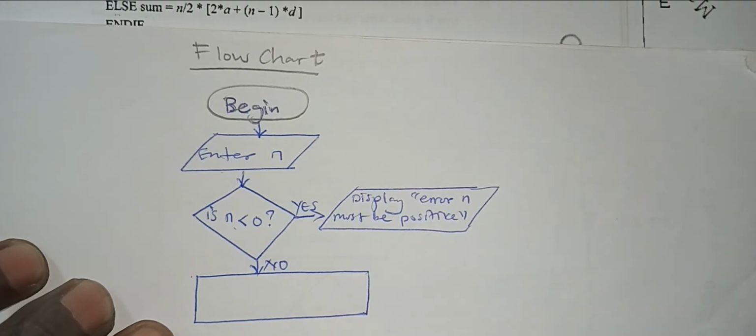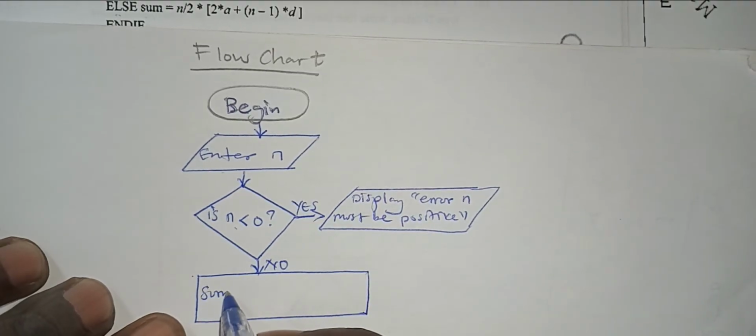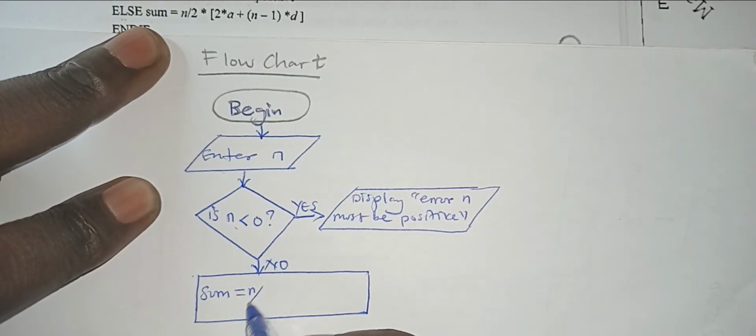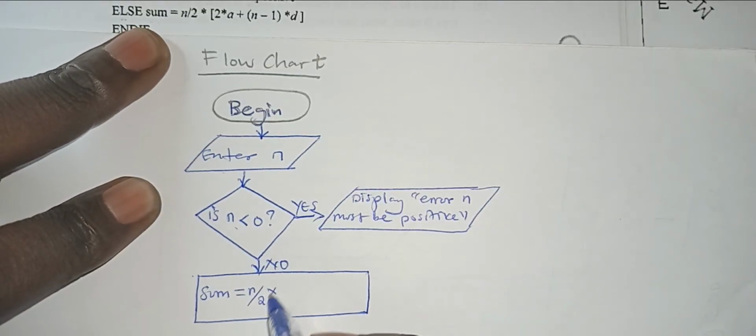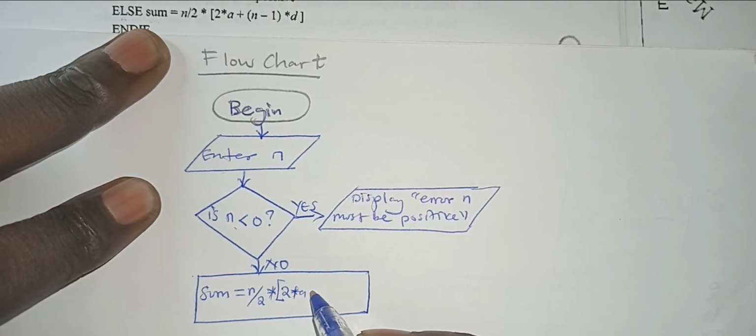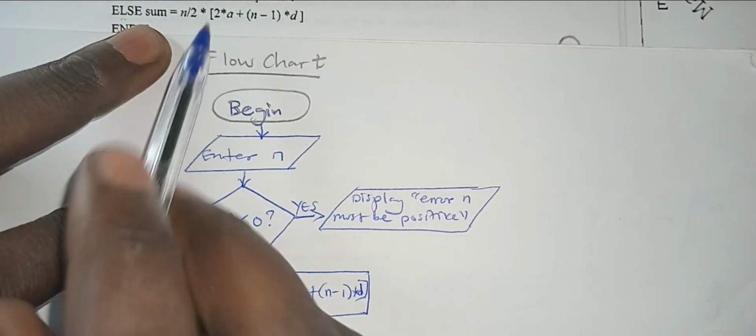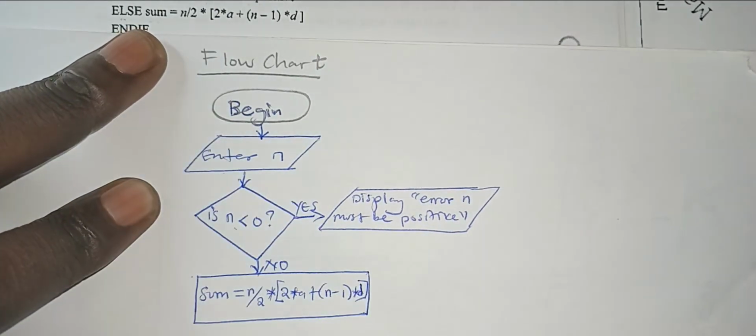So we are going to use this. And in this box, we shall simply put the formula. So sum is equal to n over 2 multiplied by, open the brackets, 2 multiplied by a plus, open bracket, n minus 1 multiplied by d, then we can close. So the formula is just as given here. That is how it's supposed to be presented.